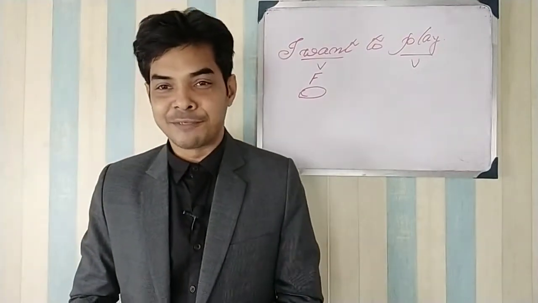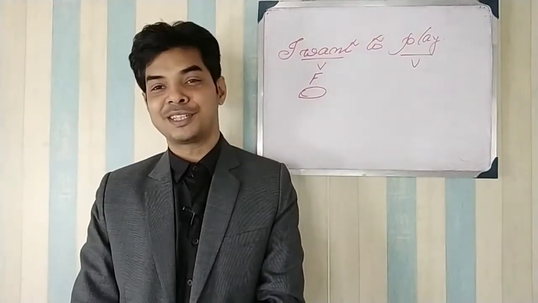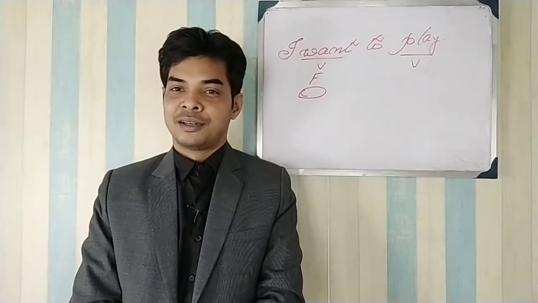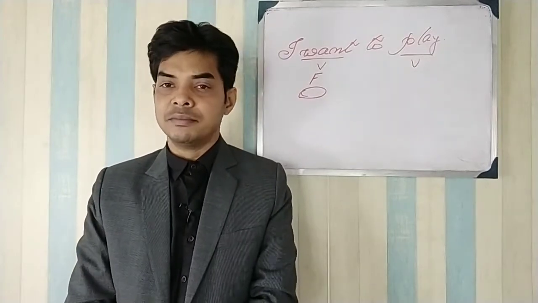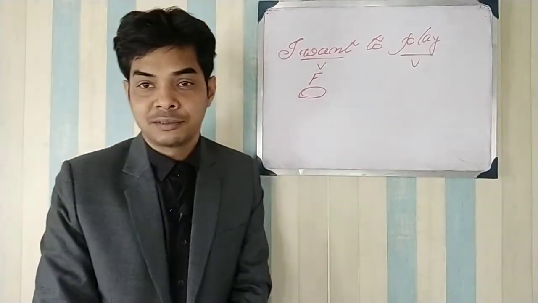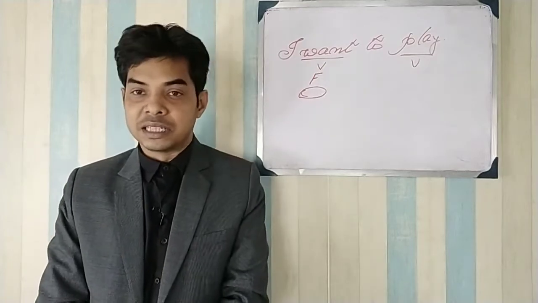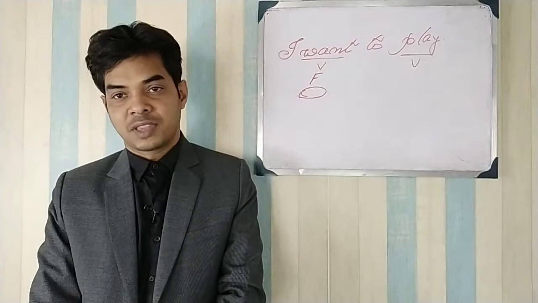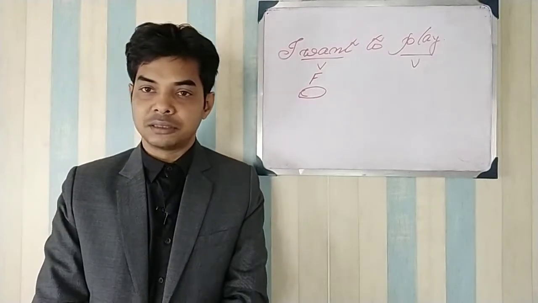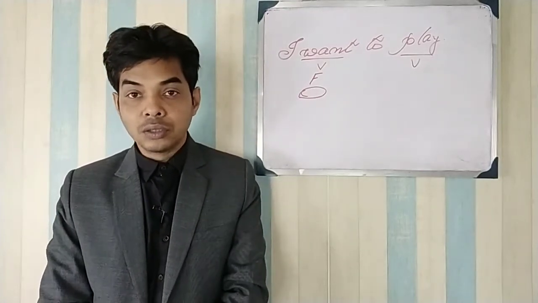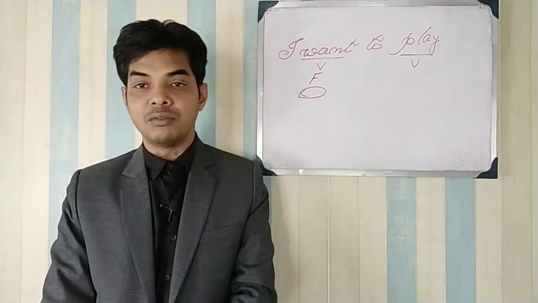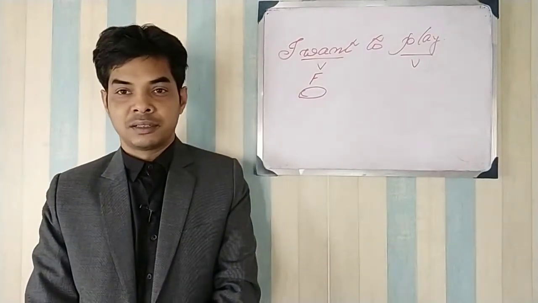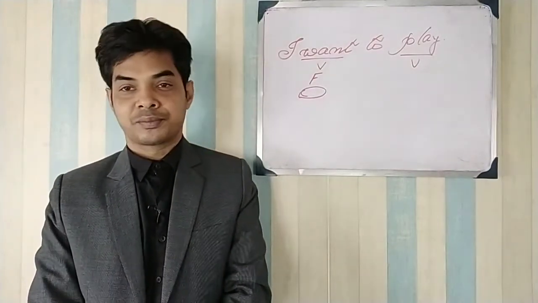Whether this is finite or non-finite, whether this is limited or not limited, we'd use the same strategy here as well. If we change the tense of the sentence, I wanted to play. If we change the number, they want to play, we want to play, he wants to play.